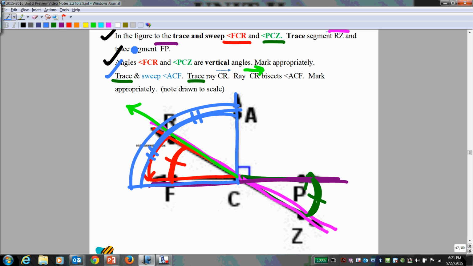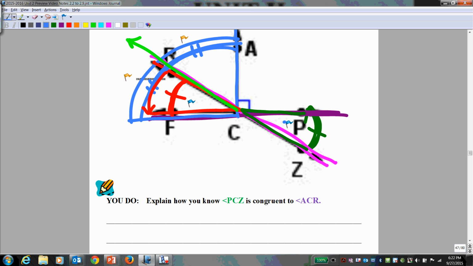Okay, so look at what you have here. You have some vertical angles that are congruent. See these vertical angles right there? And you have some bisected angles here and here. So the question is this, and notice this is a you do.